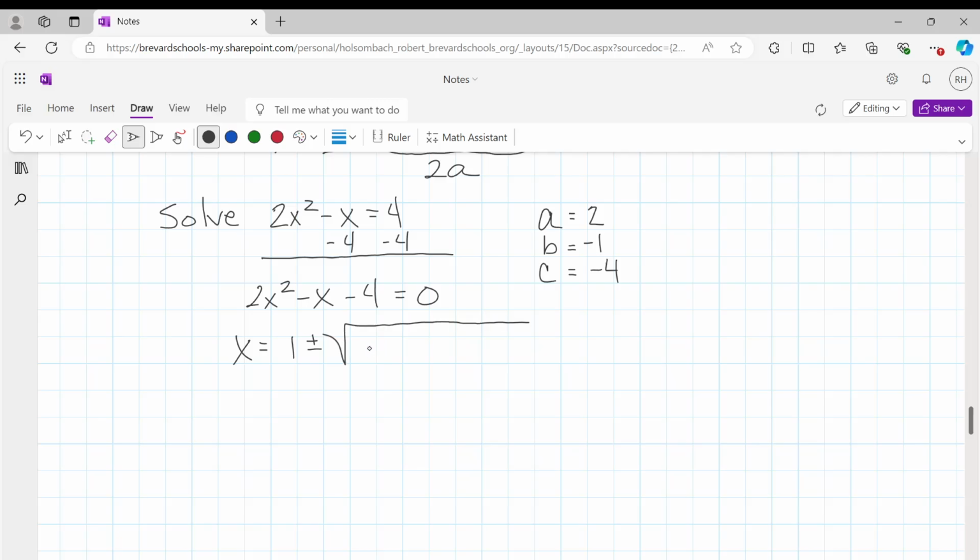Now we go b squared, so it's -1 squared minus 4, and then I like to put this in parentheses, 4 times a times c. All of that is going to get divided by 2 times 2.